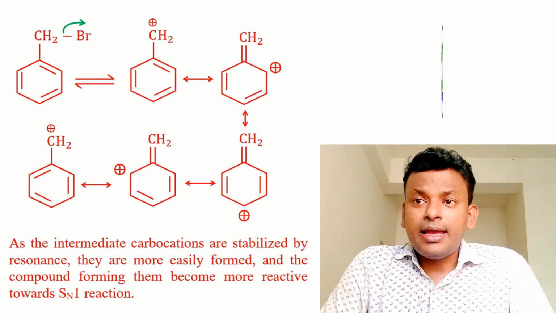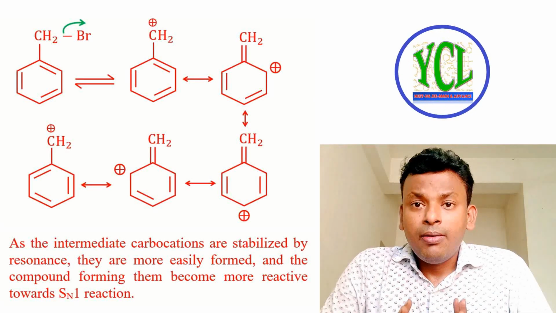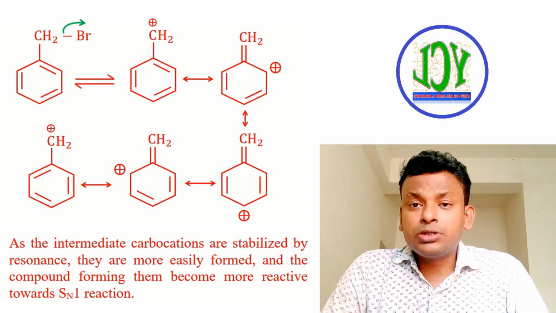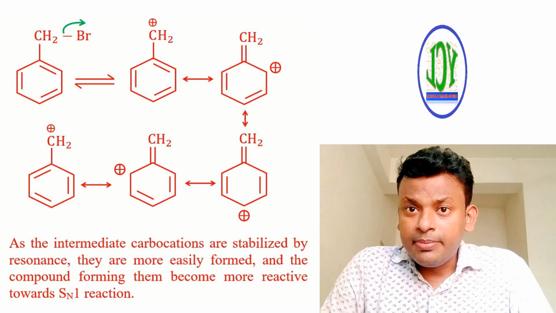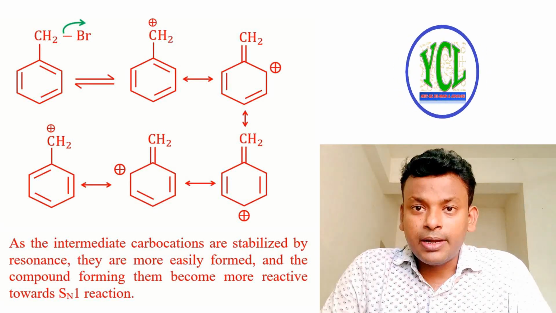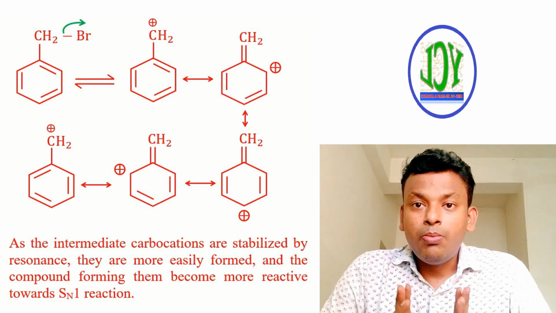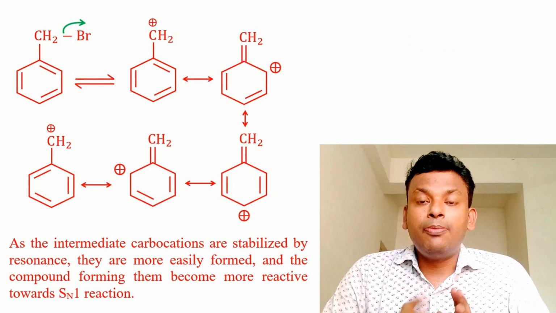More stable intermediates are preferred as they give more stable products. The SN1 reaction intermediate is a carbocation, so more stable carbocations are more preferable for the SN1 reaction.